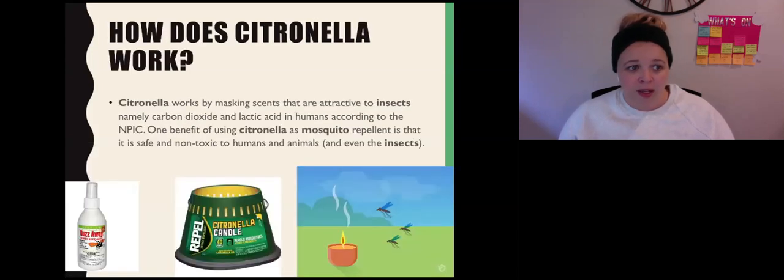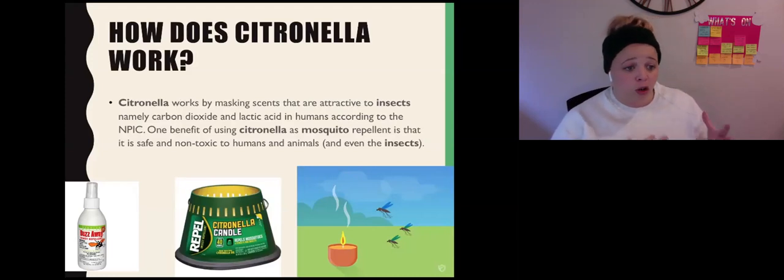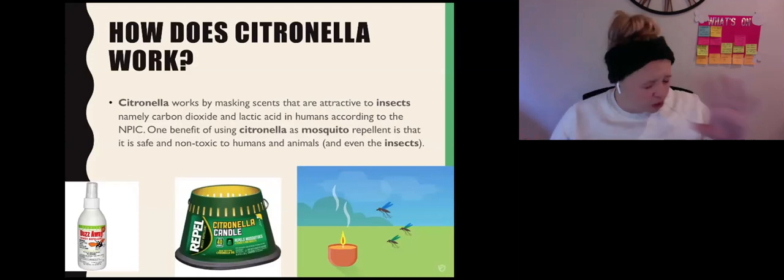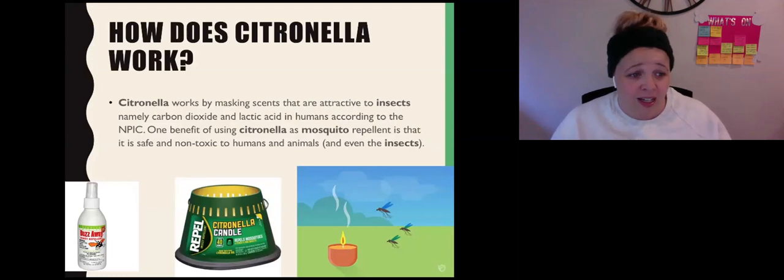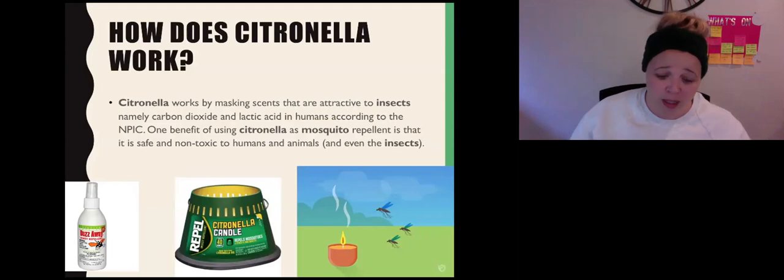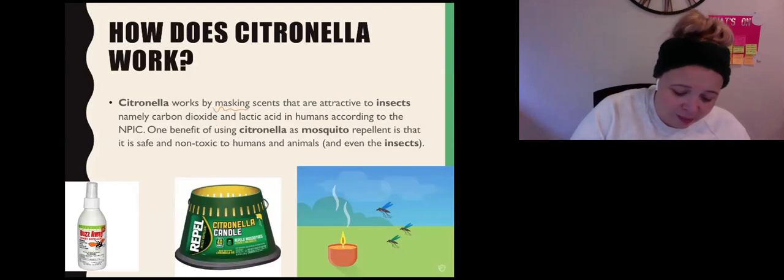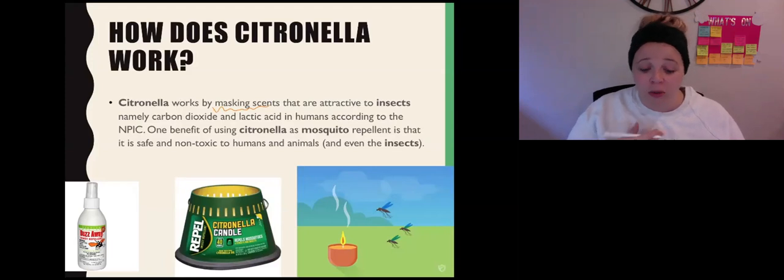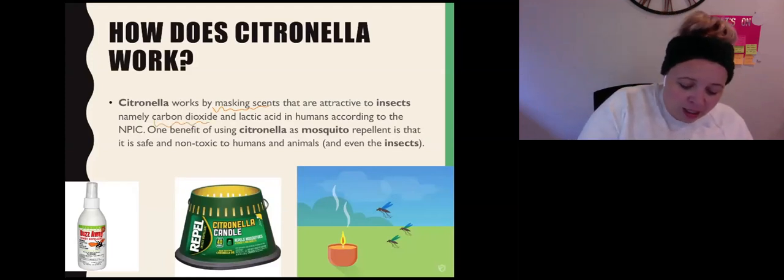Pretty crazy. The other one is this one called citronella. You might have had a citronella candle, you might have had a citronella coil, something like that. And it works by producing a scent that totally turns off the insects. It repels them. Yeah, it masks the scents. Normally insects are attracted to us because we secrete carbon dioxide.